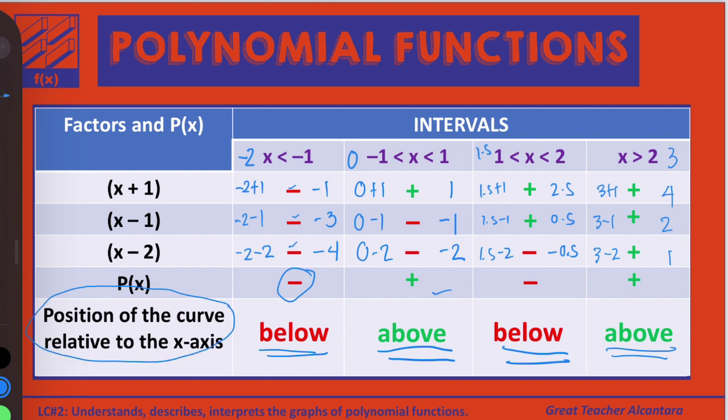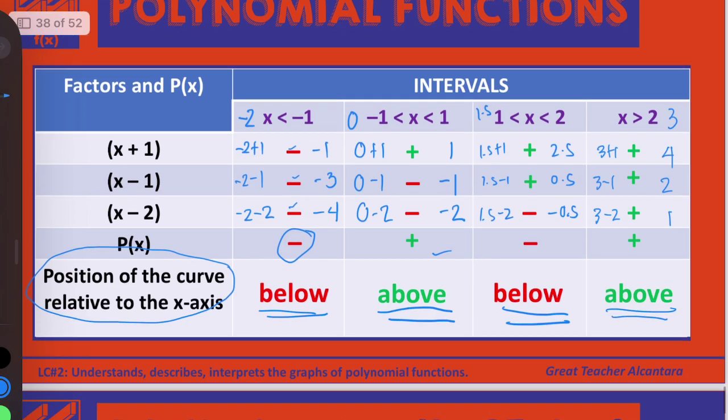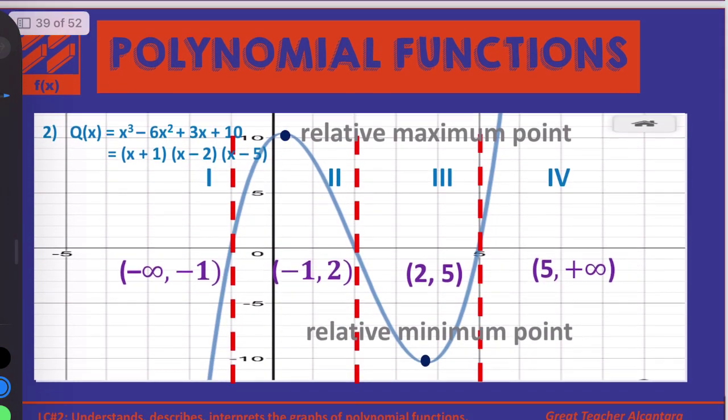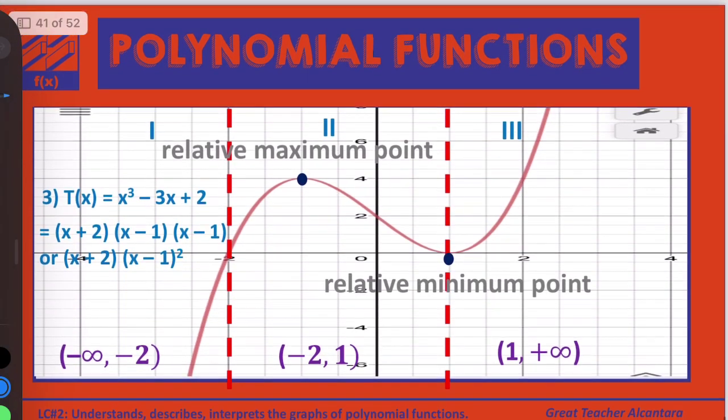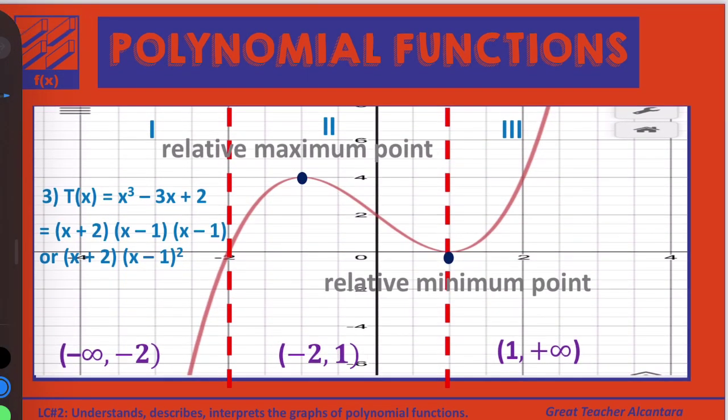And just again, a disclaimer, not all the time will it be 4 regions, not all the time will it alternate. You really have to substitute to identify it. So to save much time, let's say we have this example right here, where you have the function wherein there is a multiplicity.